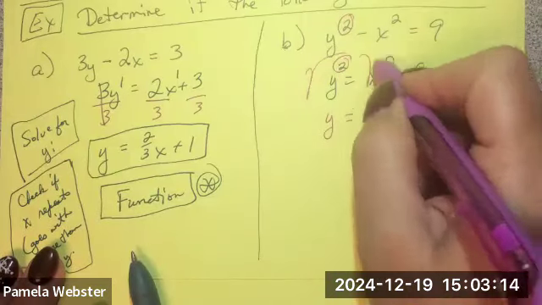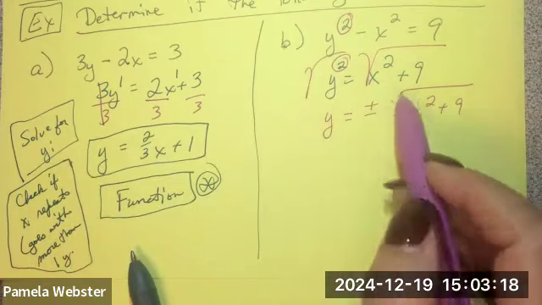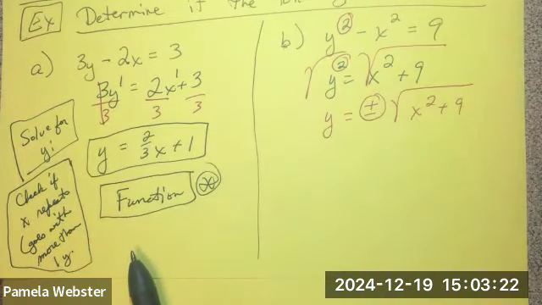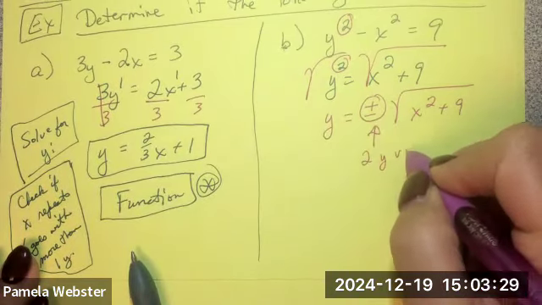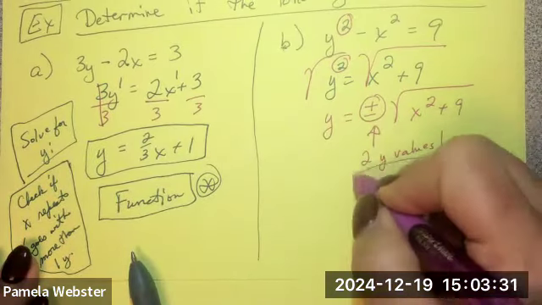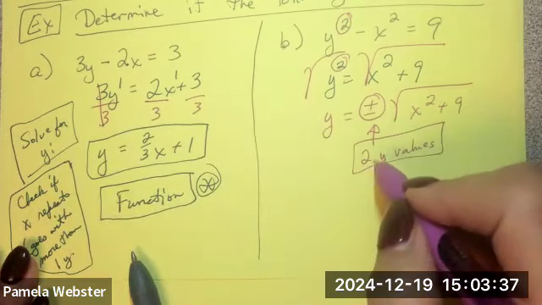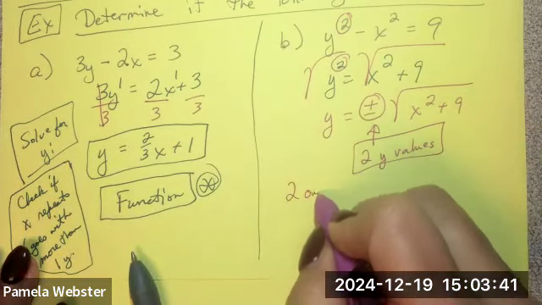Because I'm putting the square root in, I also put in that plus or minus. And when I do that, I realize this is going to give me two y values, a positive one and a negative one. That's two outputs, so it's not a function.